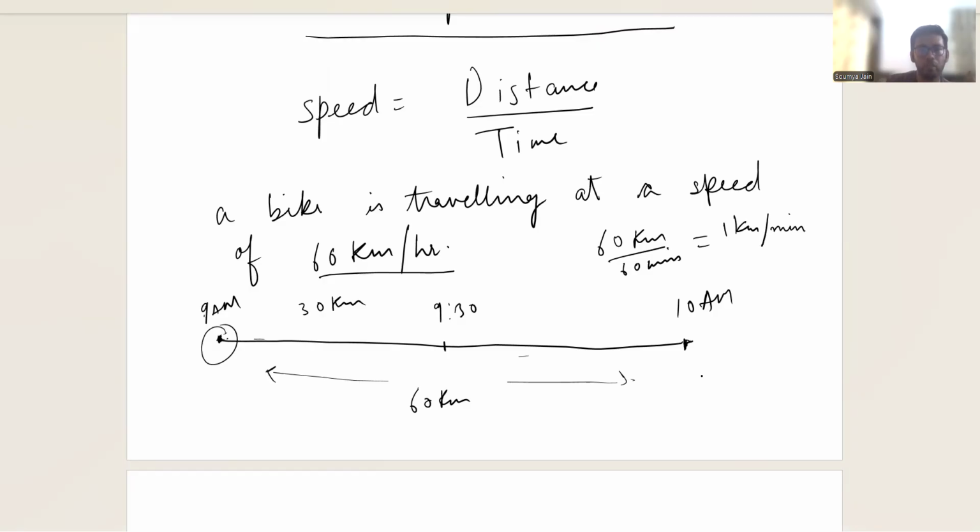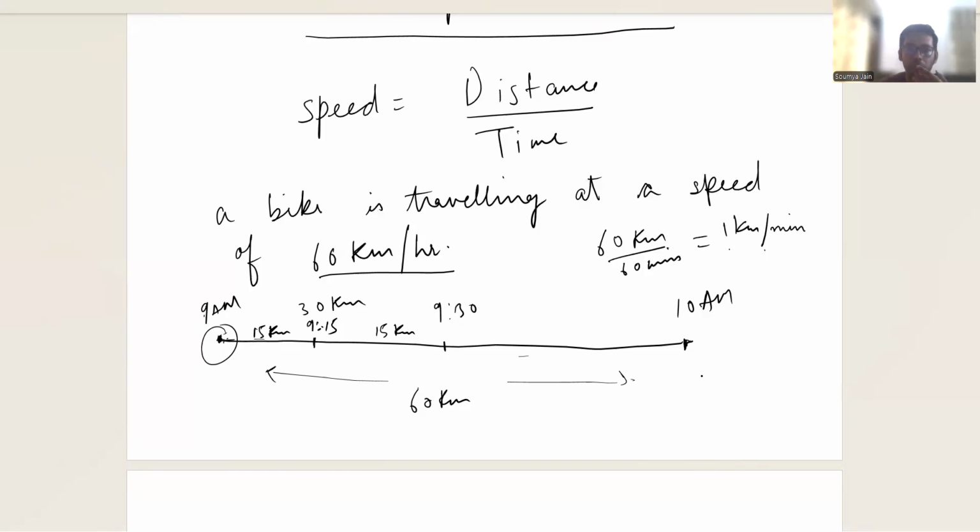So using that analogy, if I say by 9:15, how far would the person have been? 9:15 is somewhere here. So from 9 to 9:15, it's 15 minutes, and in 15 minutes, it will travel 15 into 1, 15 kilometers. This is 15 kilometers, and this entire stretch is 30, so this is also 15 kilometers.